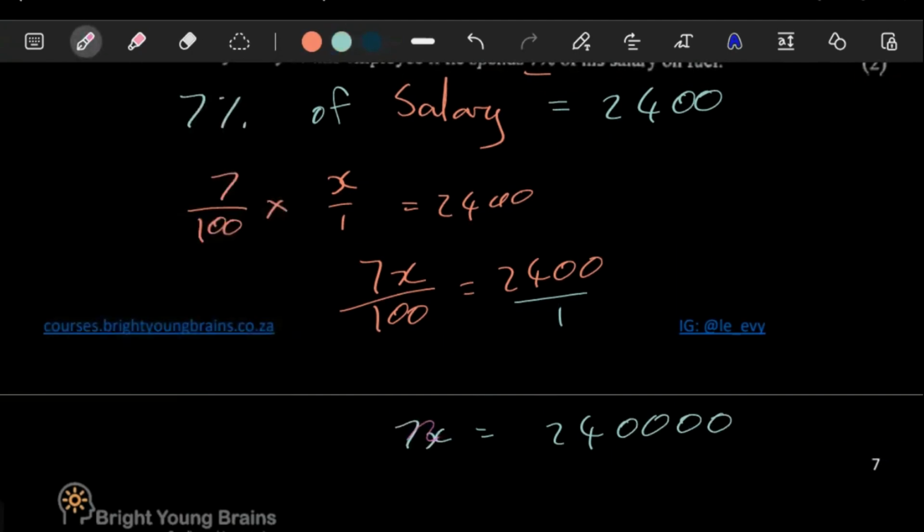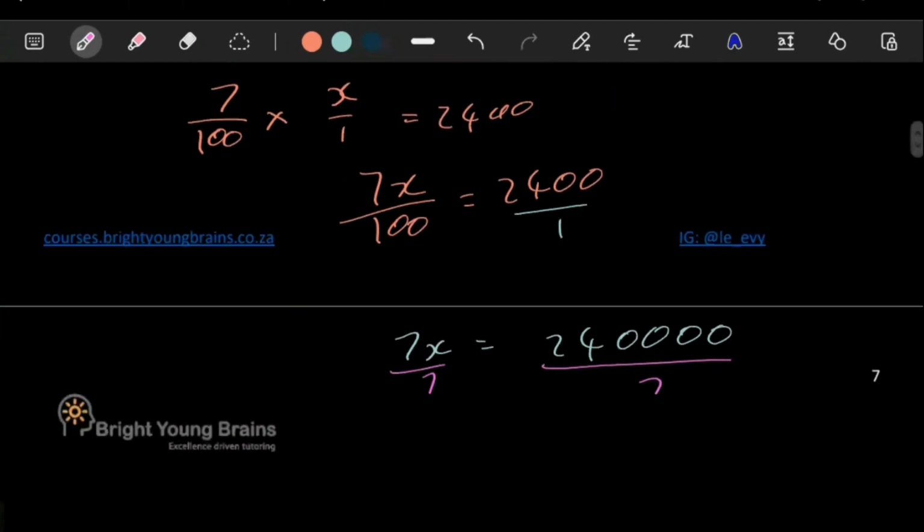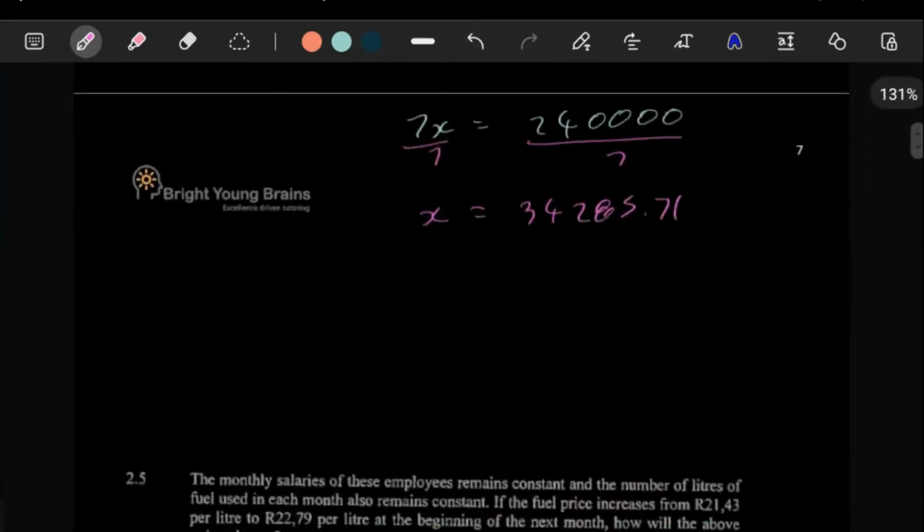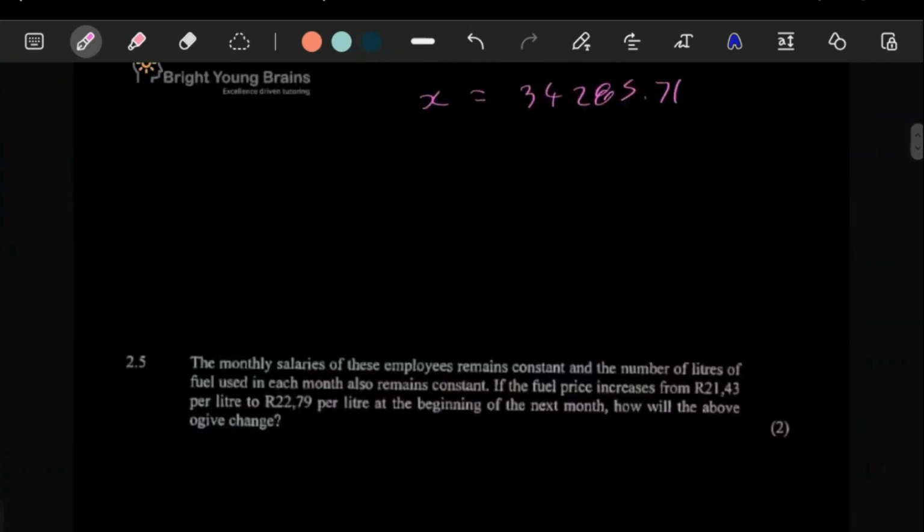Divide by 7 on both sides. What do we get there? 240,000 divided by 7. That's going to give us an amount of 34,285.71. Yep. So that's that.